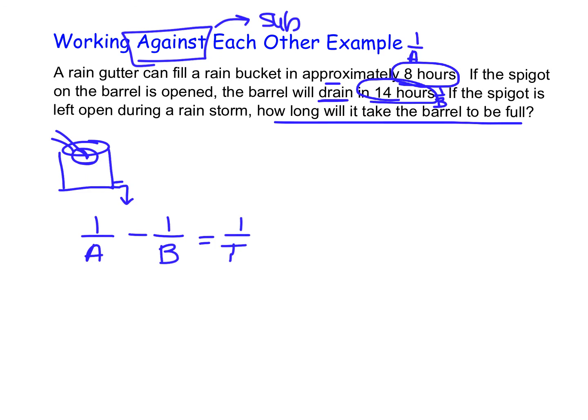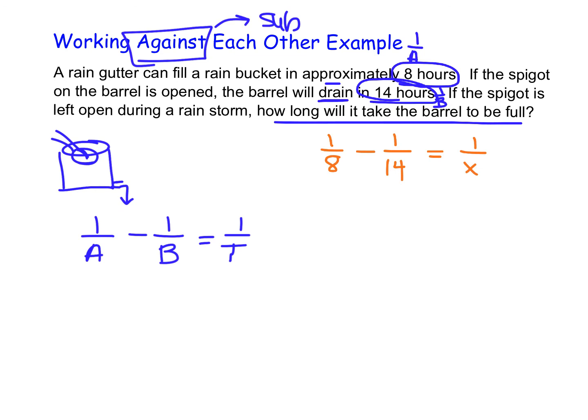So this one is a little bit different because they are working against each other. So here if we set this up, we have 1 over 8 is how long it takes the rain gutter to fill the bucket. Then we're going to subtract out the 1 over 14, which is the spigot releasing water out the other side. And we want to find the total amount of time that takes, which is 1 over x.